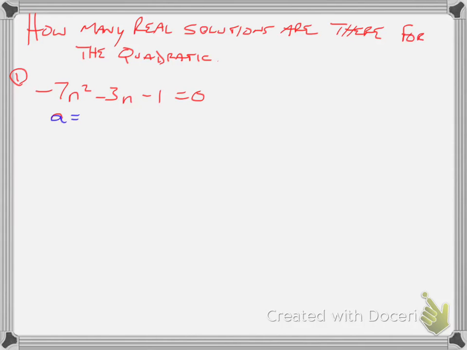So for this one, my A is equal to -7, my B is equal to -3, and my C is equal to -1.